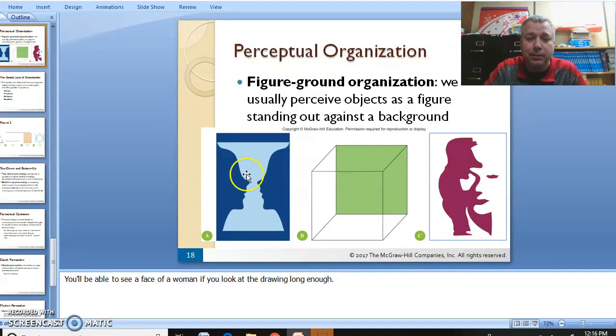If I make the vase the foreground and the dark parts the background, you see a vase. If I make the vase the background and this the foreground, then I see two faces. Same thing with these other two. Right here you've got a saxophone player. If you switch the foreground, this becomes a woman.